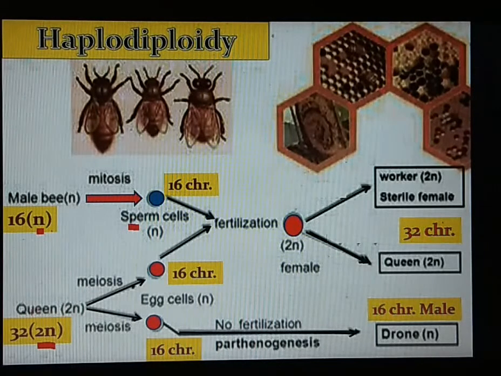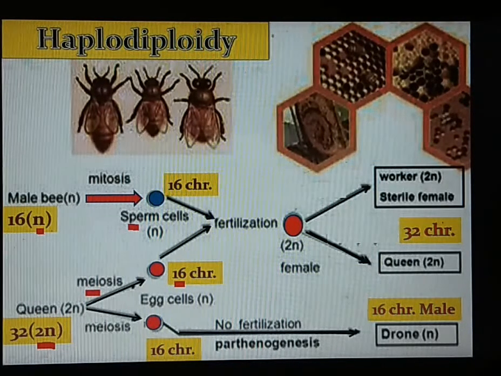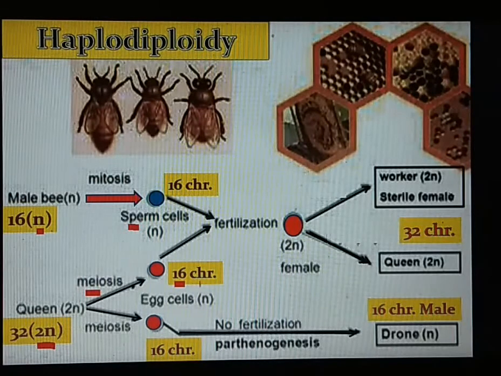Whereas the females will undergo meiotic division to release the eggs or female gametes. Since it has undergone meiotic division, the number of chromosomes will be reduced to half in the gametes, right? So each gamete or egg will have 16 chromosomes.